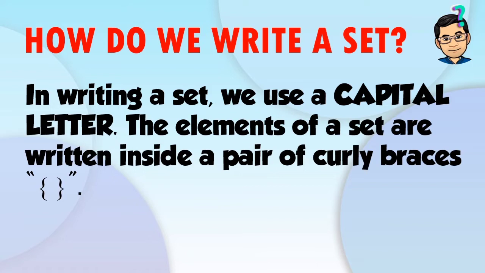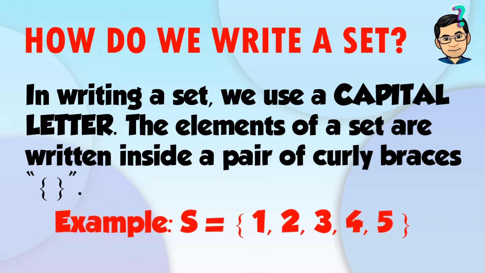So, let's have an example of set. Ayan. For example, set S, the elements are 1, 2, 3, 4, 5. So kung mapapansin nyo, yung name ng set, naka-capital letter, which is letter S. And then, yung mga elements niya, nasa loob ng curly braces. So, yan ang tamang pagsulat ng set.